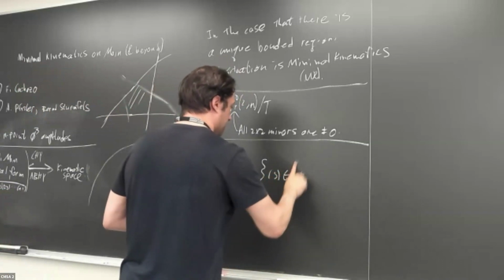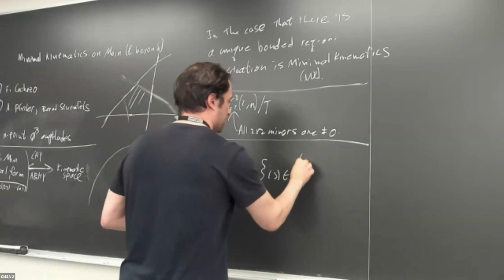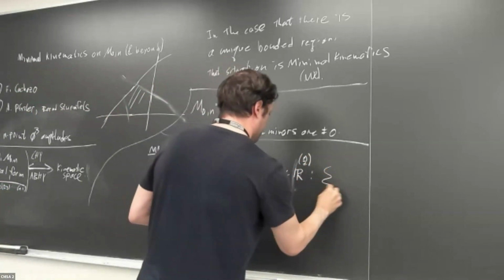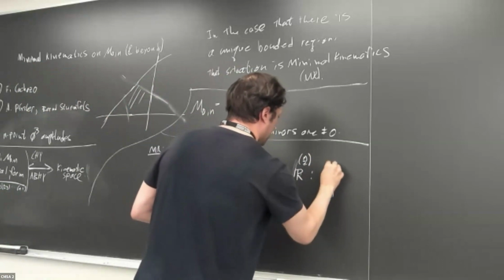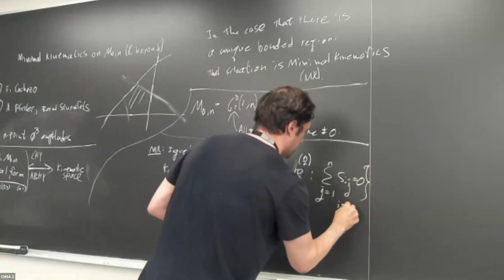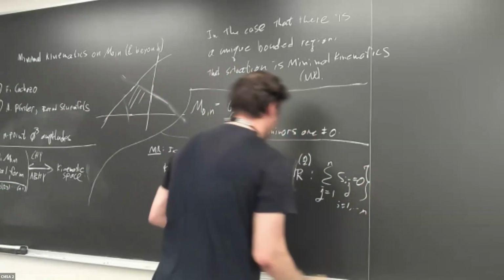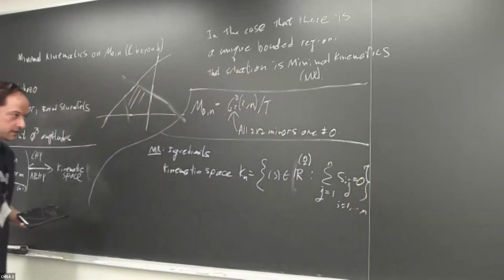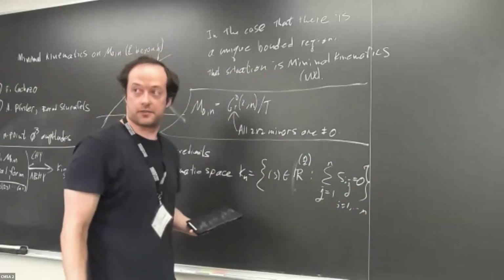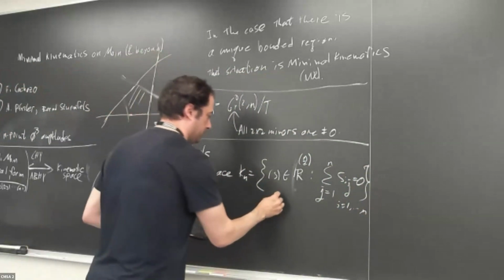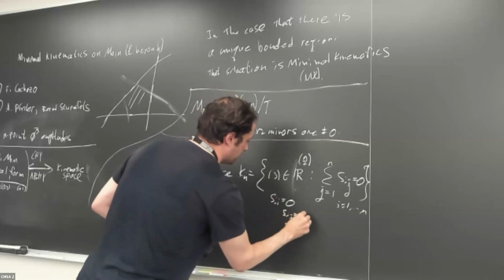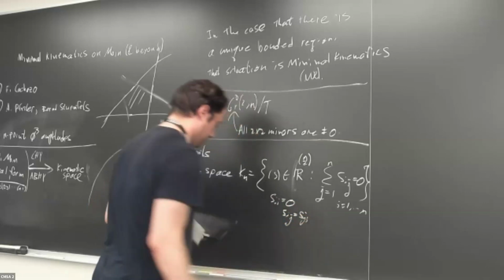We can write it as R to the n choose 2, such that the sum over j from 1 to n of Sij equals 0 for all i from 1 to n. So Sii equals 0, and we're looking at symmetric matrices, Sij equals Sji.